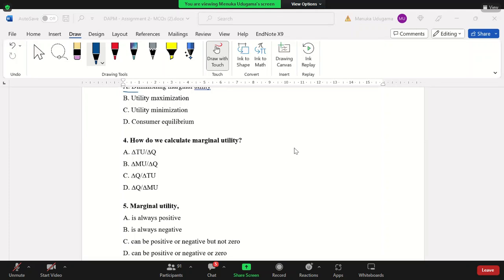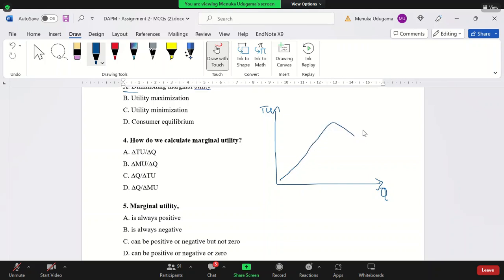So how do we calculate marginal utility? So you have total utility, and if you have Q on this side, we saw that the total utility function increases, comes to a maximum and decreases. And we could also plot the marginal utility. Marginal utility is the additional utility if you increase quantity by 1 unit.